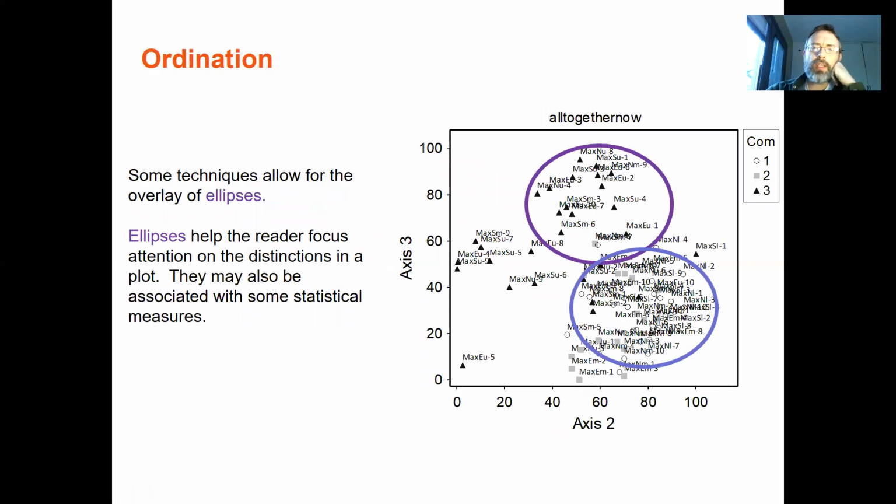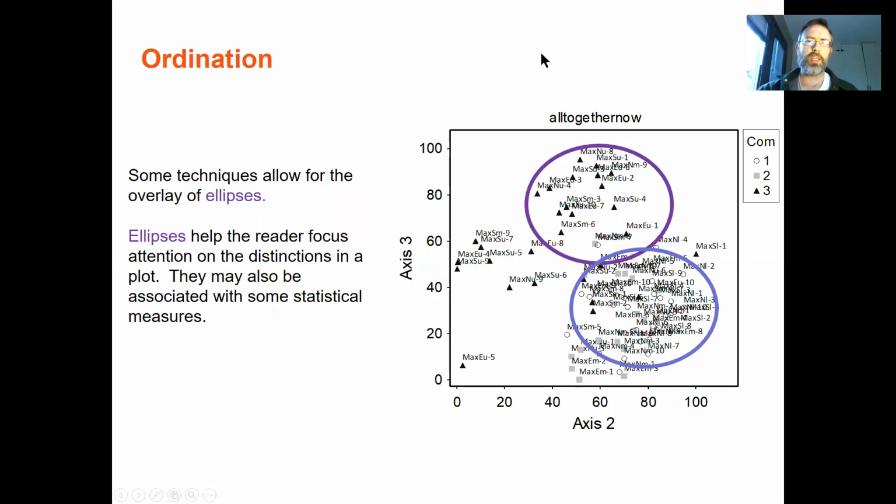Now, some techniques also allow for the overlay of ellipses. A lot of ordinations have ellipses like this. This is especially useful if you have a real smeary data set that doesn't look like anything. You're like, I'm going to put ellipses on there so I can see what's going on. That's fair.